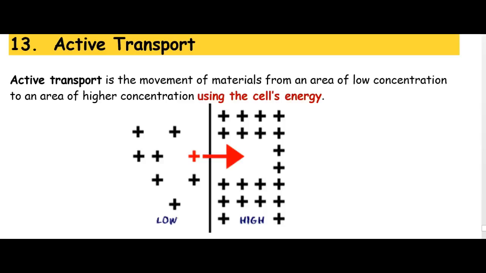Nature tends to want things to move in that direction, and so that happens passively without the use of the cell's energy. However, there are times in our bodies, in living organisms, where materials need to be moved where they don't want to go. Right? For instance, sometimes you need to move molecules, particles, ions, whatever, into areas where there already exist a number of those molecules, but they still need to go there for a particular function or purpose.